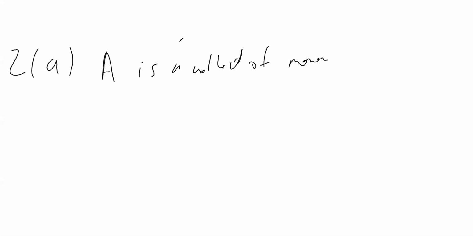Okay, so the second exercise: find, if possible, a choice function for each of the following collections without using the choice axiom. So 2A, the collection A of non-empty subsets of Z plus.